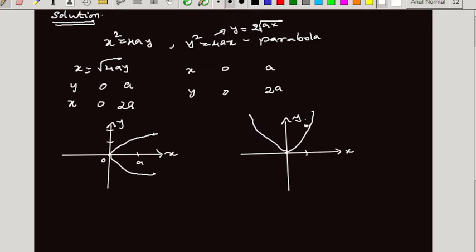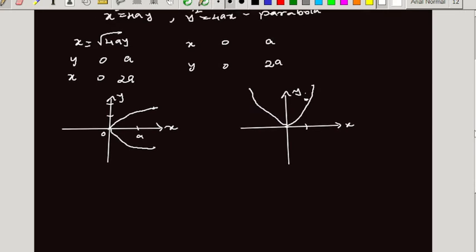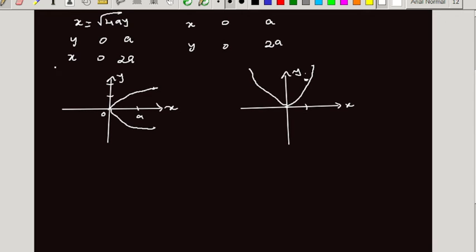So here we combine these two diagrams. So this is y, this one is x.